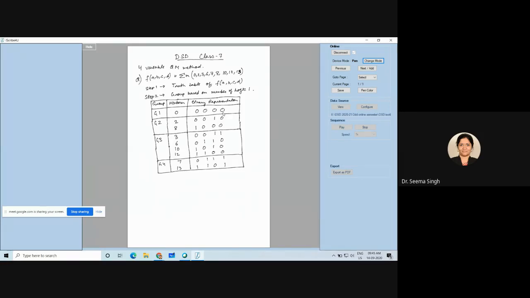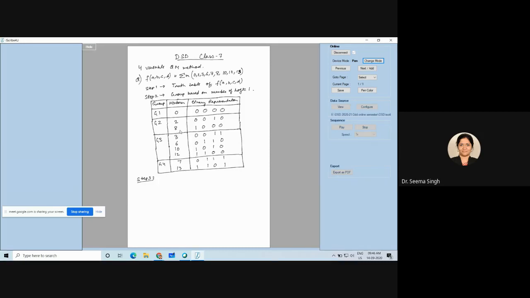Now step 3 says that you need to pair the adjacent groups and check. You will have to pair between adjacent groups. So you need to see whether the pairing of 0 to 2 is possible or not, 0 to 8 is possible or not.